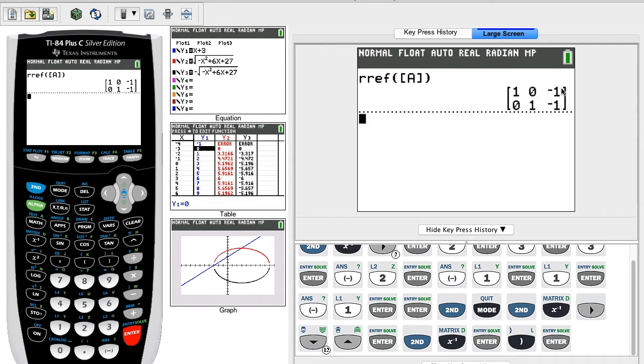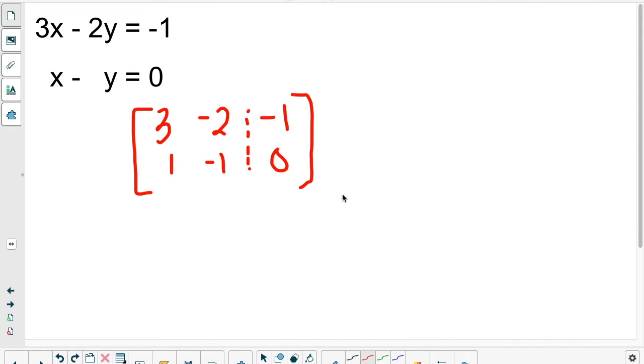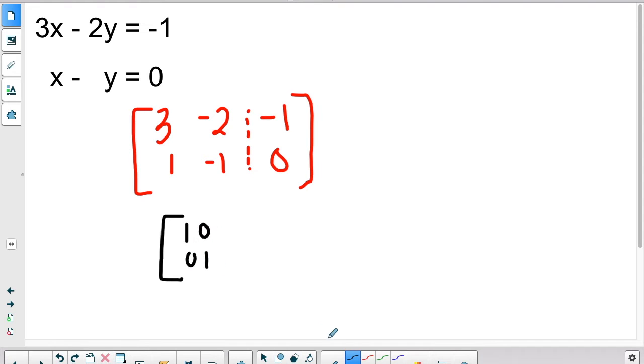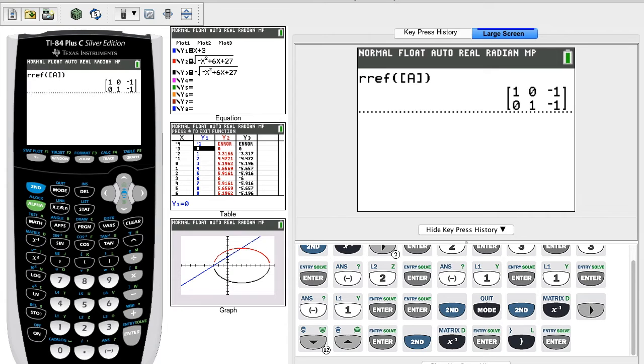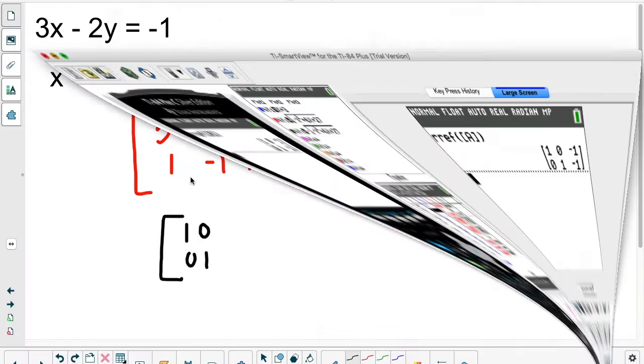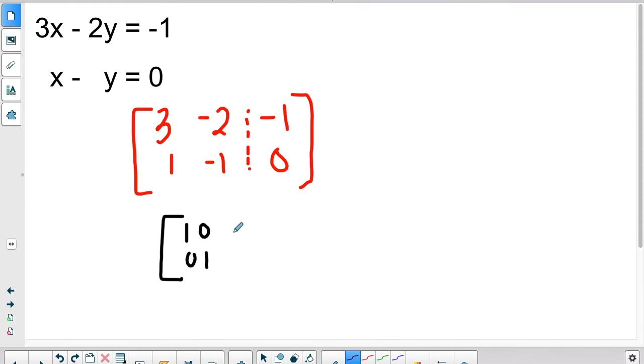So 1, 0, -1, 0, 1, -1. And that's our answers. So once we did our reduced echelon form, we got 1, 0, 0, 1, -1 and -1.